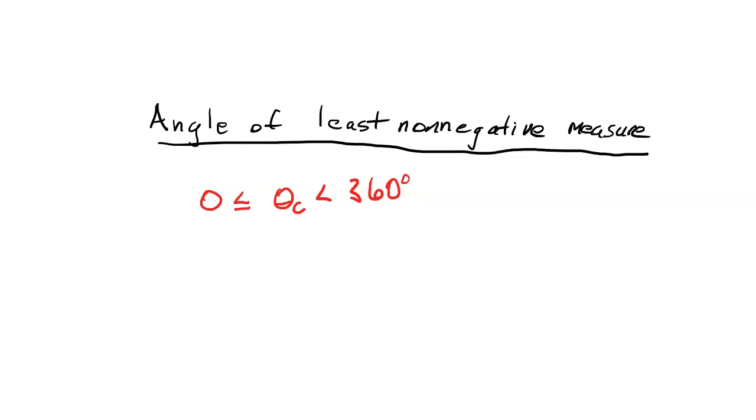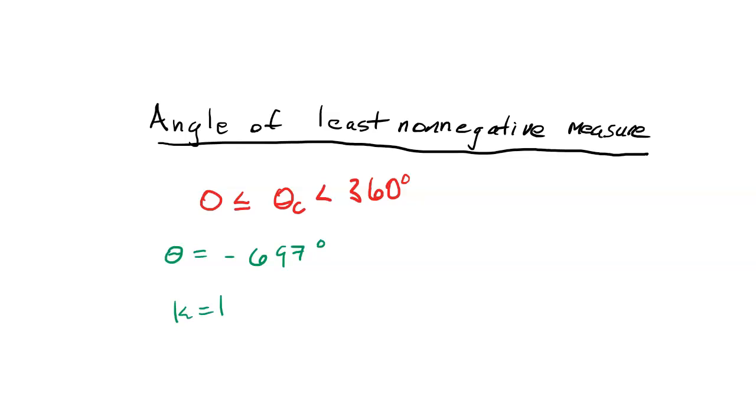So if we take some angle theta, and let's say the angle theta is negative 697 degrees. To find the angle of least non-negative measure that is coterminal with this angle, we can just iterate, plugging in an integer for k. So the first one we might want to try is k equal to 1.